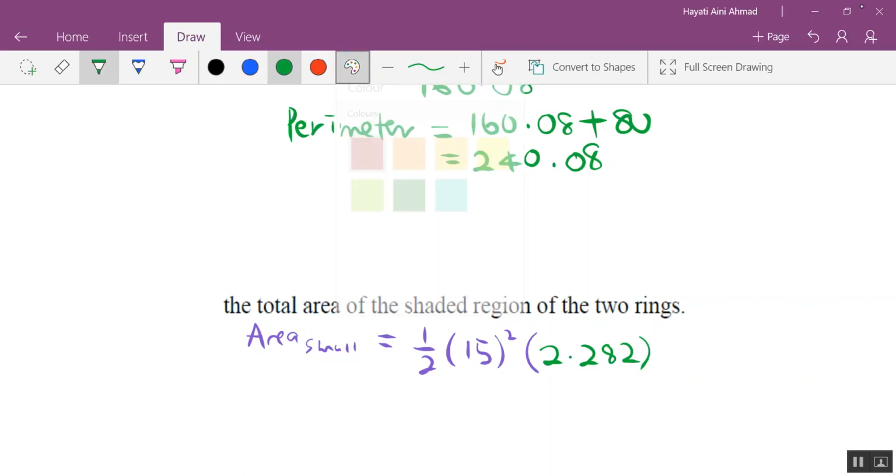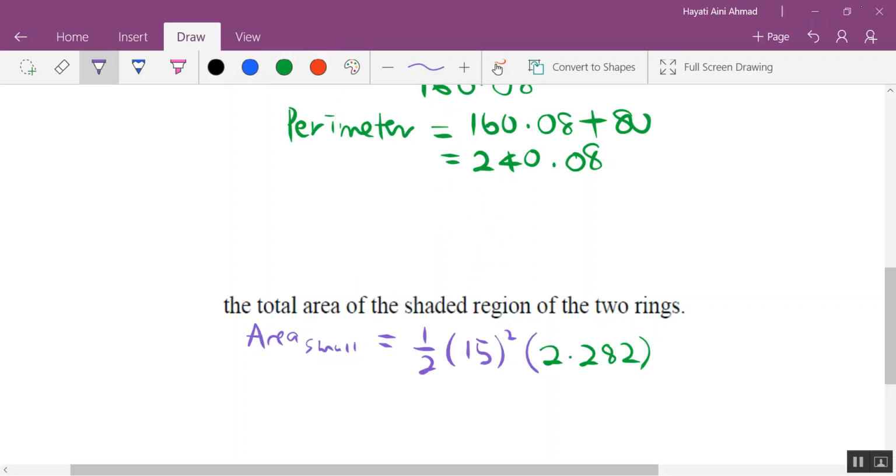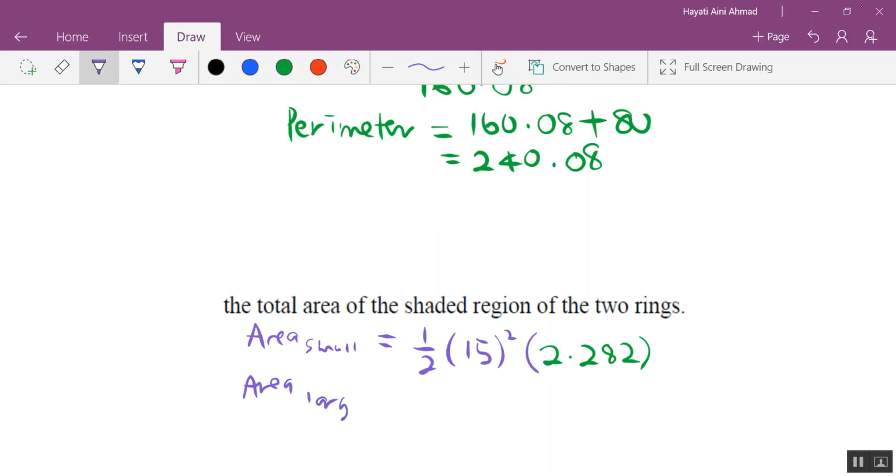Okay, area of the larger circle is half times 40 squared times 4.002.